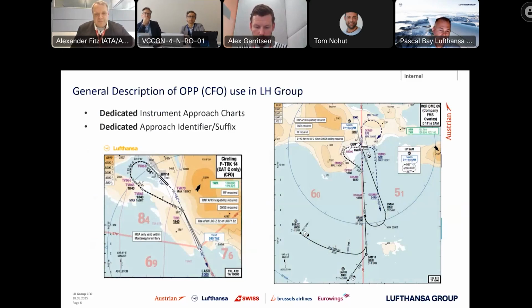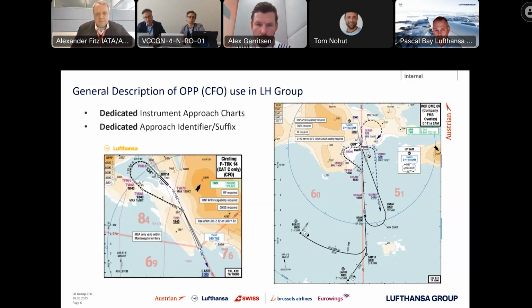On that slide, you can see two of our CFOs. One is out of a localizer approach on the left-hand side. That's exactly the one we have seen before in the PANSOPS design. You see the instrument part is a localizer approach.